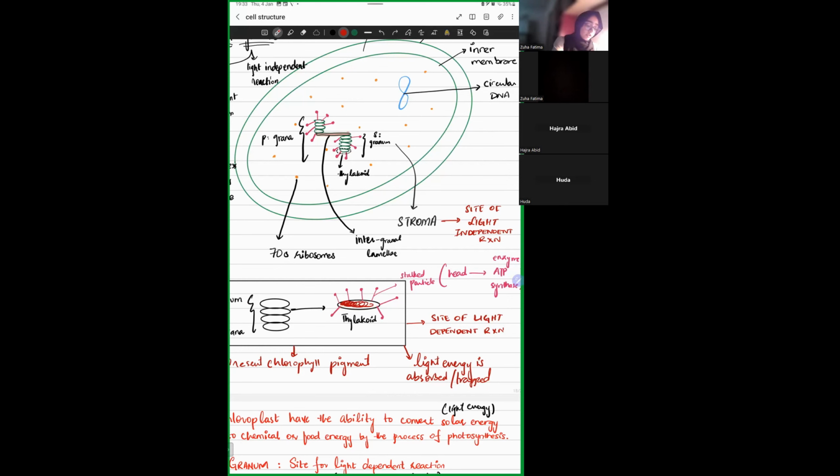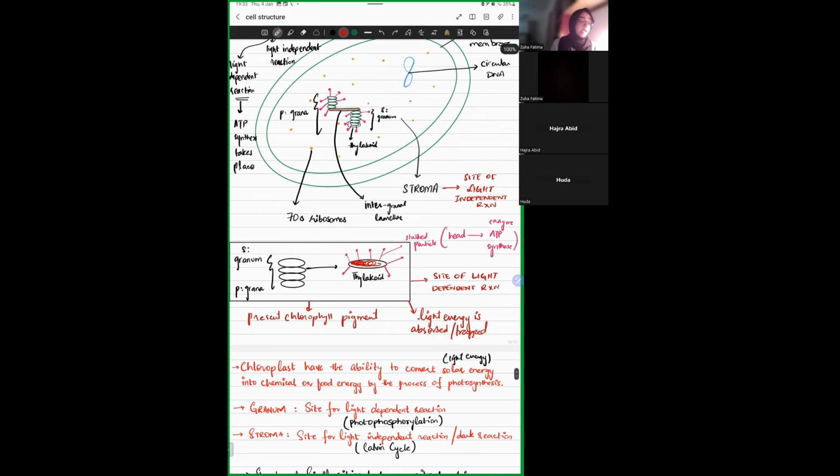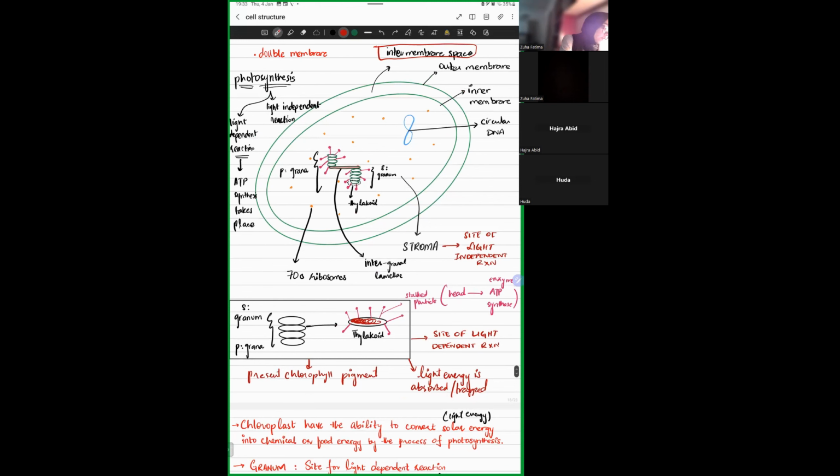So one region, one compartment in the chloroplast is basically the thylakoid space, and then this entire region is our stroma, and then the third region that we have is our intermembrane space.